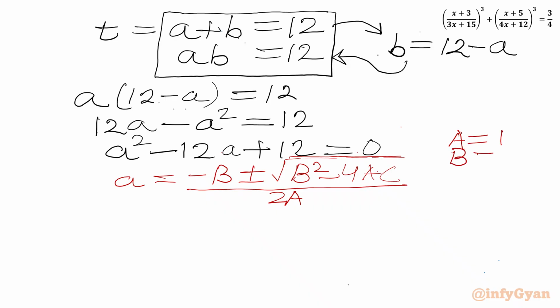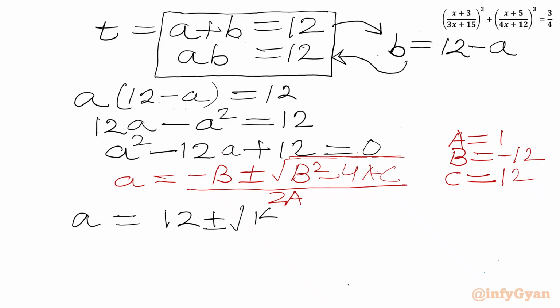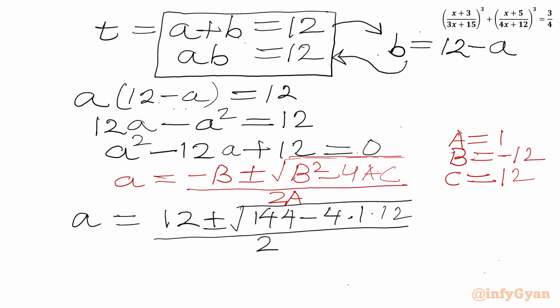B will be equal to negative 12 and C will be plus 12. Let's find out the value of small a. So I will write a will be equal to 12 plus minus square root of 144, which is the square of negative 12, minus 4 times 1 times 12, divided by 2 times 1, which is 2.